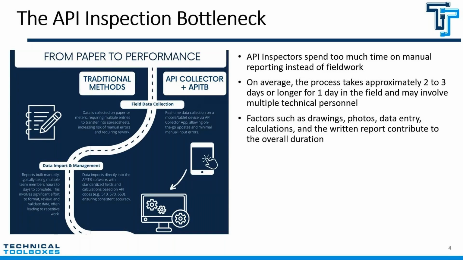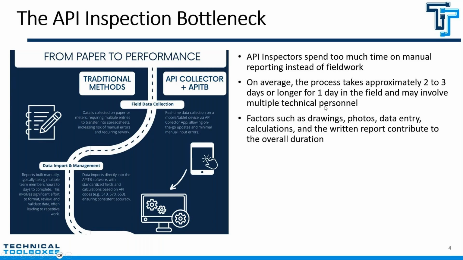All right, so API inspectors spend too much time on manual reporting instead of field work. We have a little spreadsheet here showing how that works. On average, the process takes approximately 2 to 3 days or longer for 1 day in the field, and may involve multiple technical personnel.